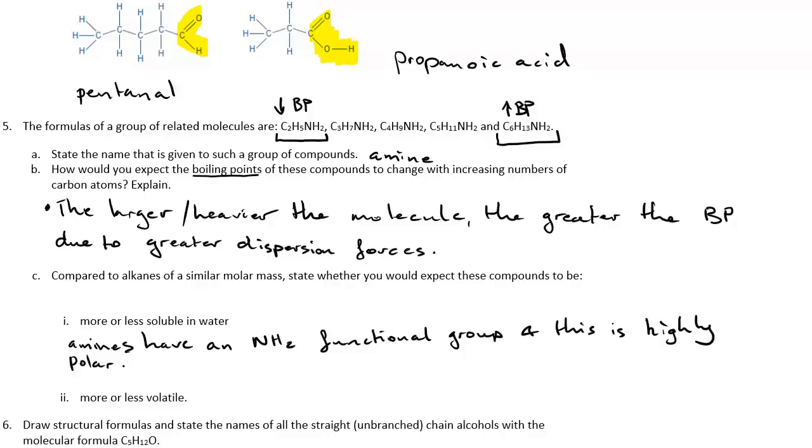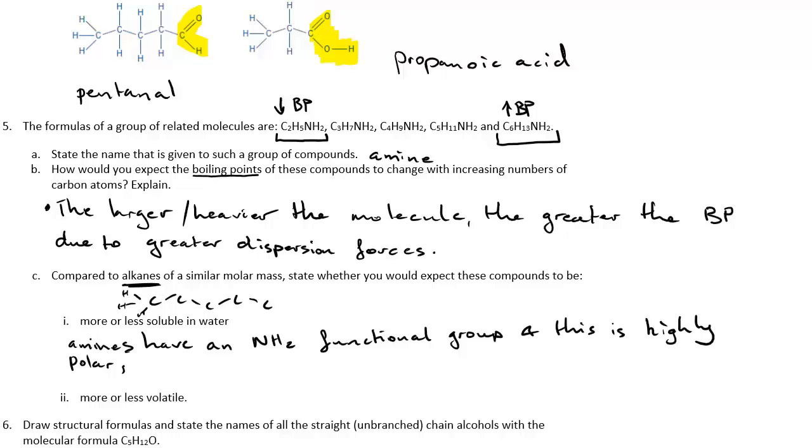Basically, alkanes are just usually chains of carbons and hydrogens and that's not polar at all. That's not soluble in water at all.